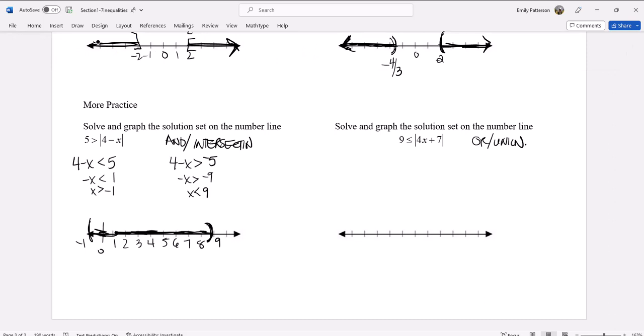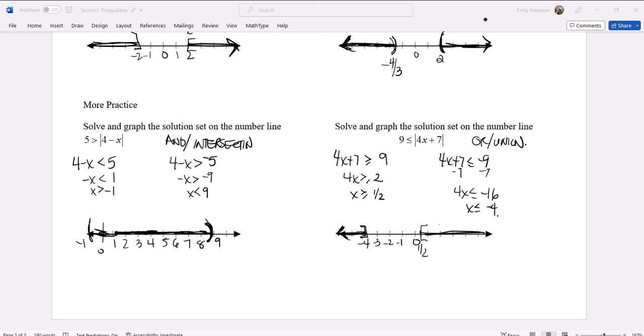And this one, it's going all the way up to 9 over here. This one is going to be the union. I'll put up the answers in just a moment. And with the last problem, as a union problem, we have x is greater than 1/2, x is less than -4, and talking about both intervals as they go from left to right on the line.